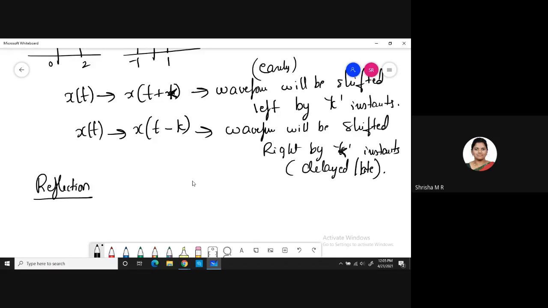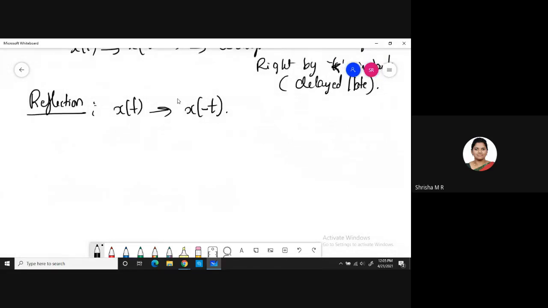If I have a signal x of t, the reflection of that will be x of minus t. I'll draw a signal from 0 to 1 with amplitude 1, and I also have a signal from 0 to -1 with amplitude -1.